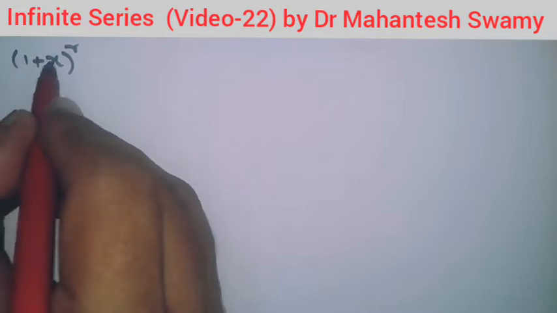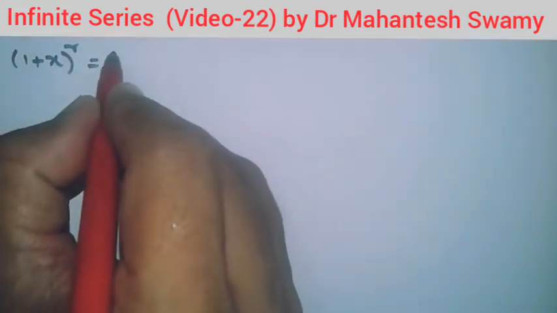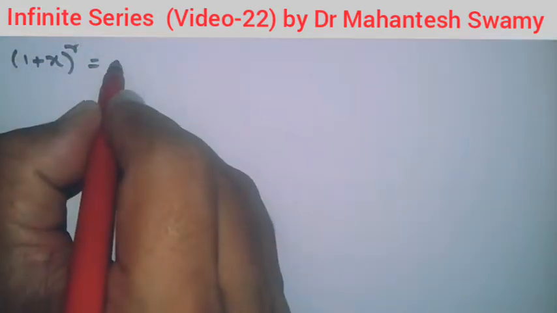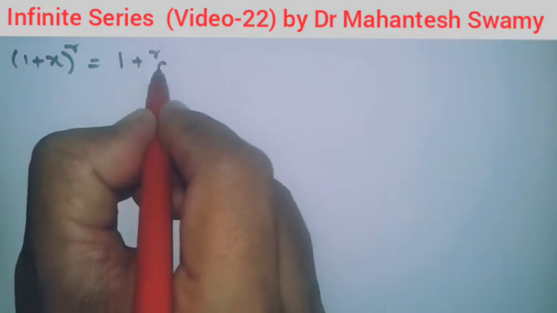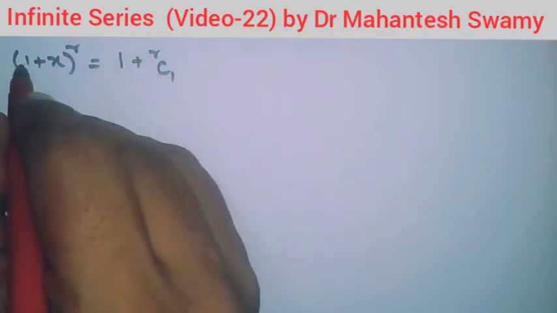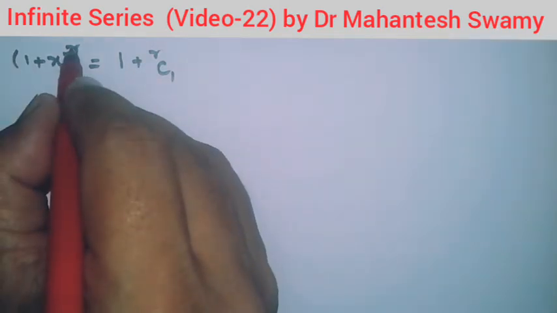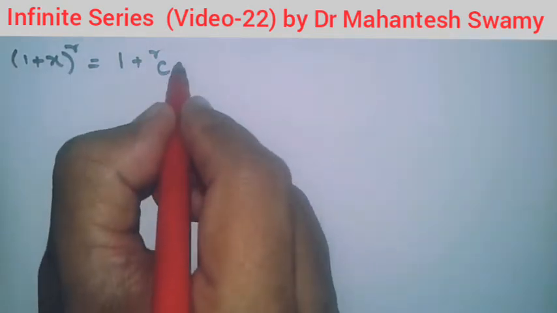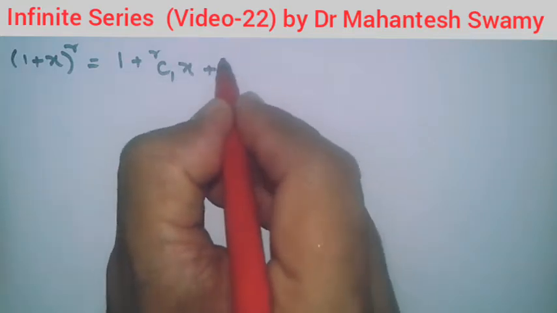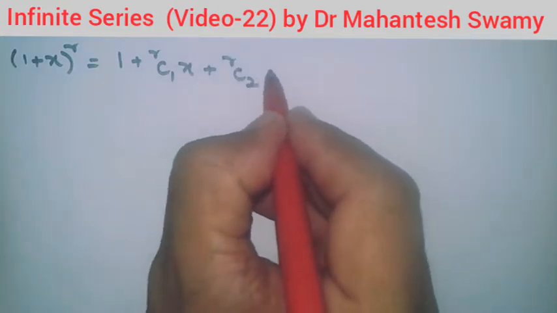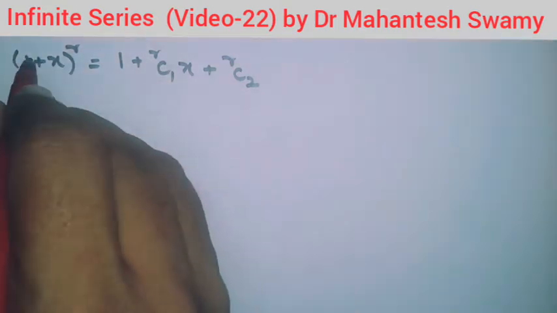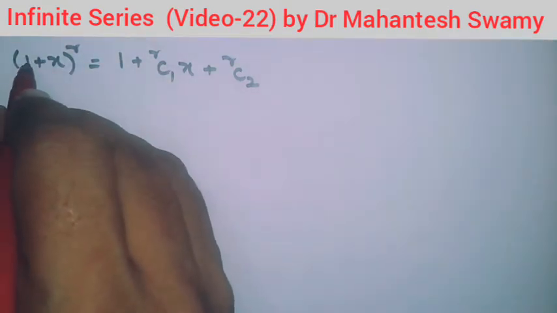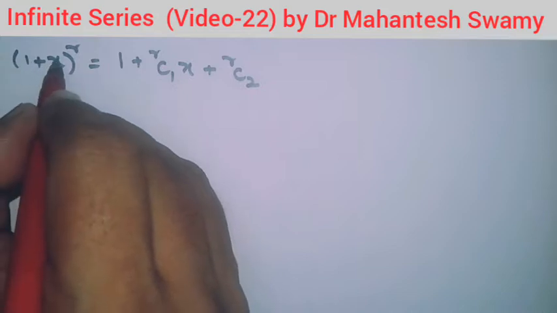The binomial expansion of this, all of us know, is: first term to the power r, 1 to the power r, is 1, plus rC1 into 1 to the power r minus 1 into x to the power 1, that is x, plus rC2 into 1 to the power r minus 2 into x squared. The power of the first term will be reduced, however the first term is 1, therefore it remains as it is, whereas the power of the second term will go on increasing.